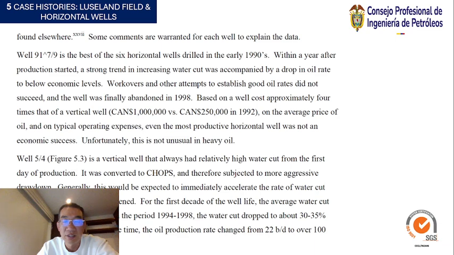Workovers and other attempts to establish good oil rates did not succeed, and the well was finally abandoned in 1998, based on a well cost approximately 4 times that of a vertical well.